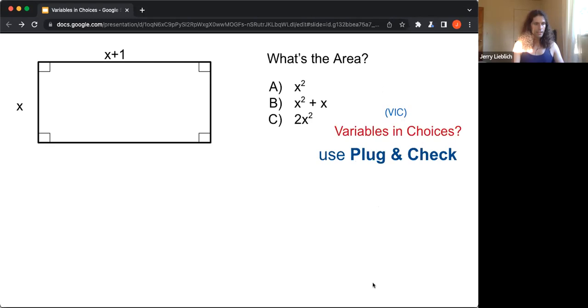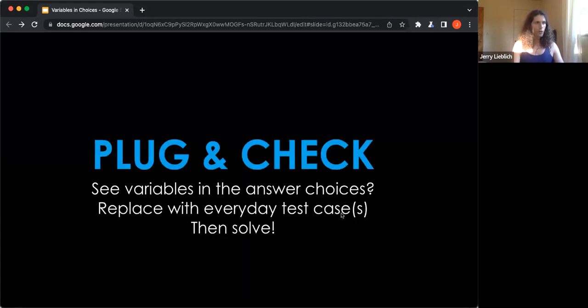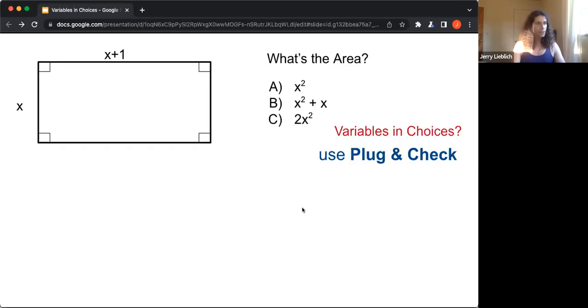The basic idea of plug and check is I'm going to replace those variables with easy numbers and then solve. So rather than dealing with X, I'm going to deal with a nice easy number. We can think of this in 3 steps. Step 1, I'm going to pick a number for the variable. So let's pick a nice easy one, like X equals 5.